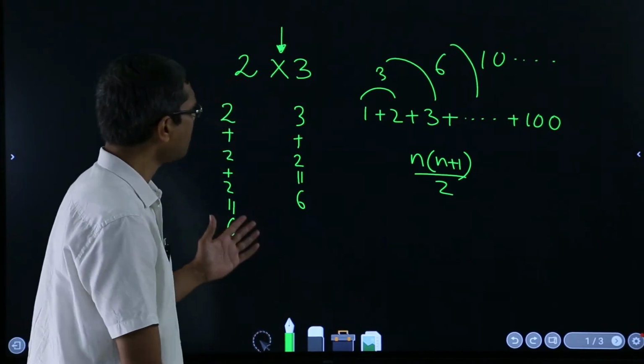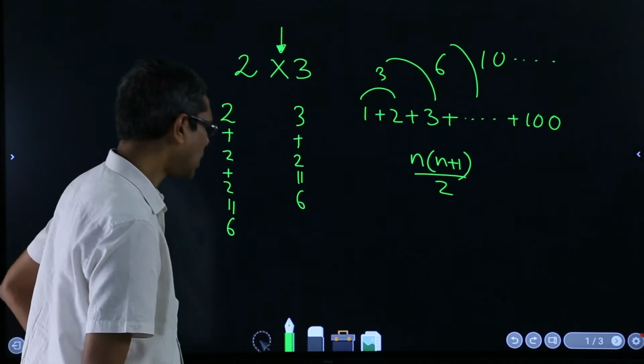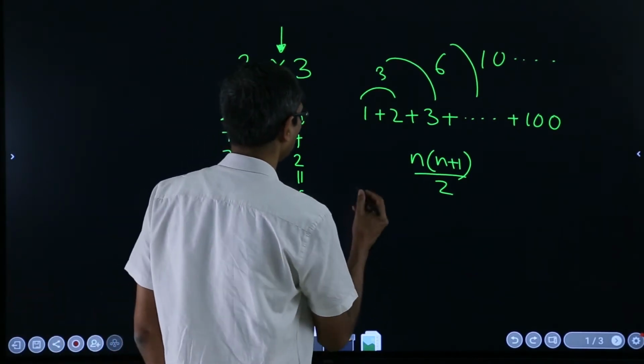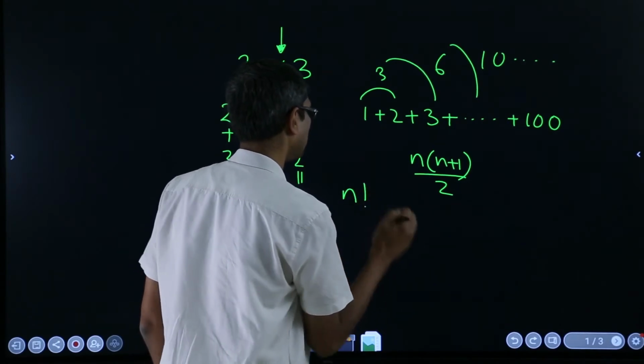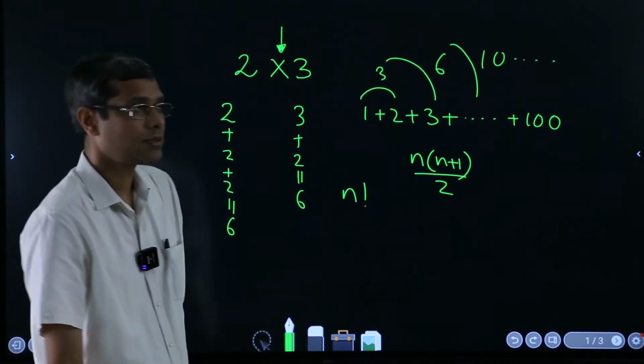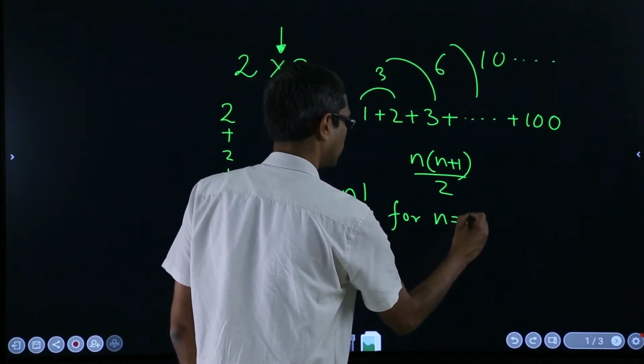So for example, if you know only this, can you think of calculating, say, n factorial, for n equal to 10?